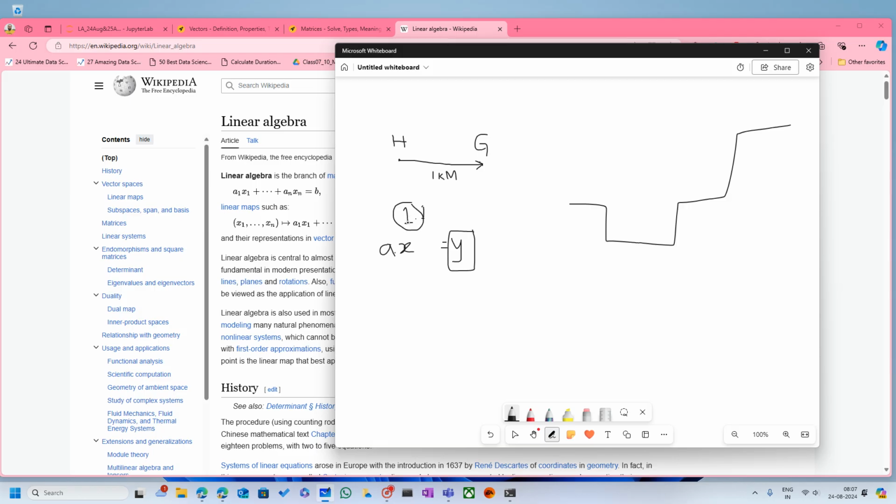So your steps and your distance are directly related. How many steps you take, so much distance you will cover, and so much length you would have covered in the end. So they are directly proportional.